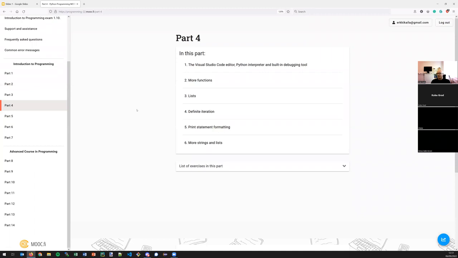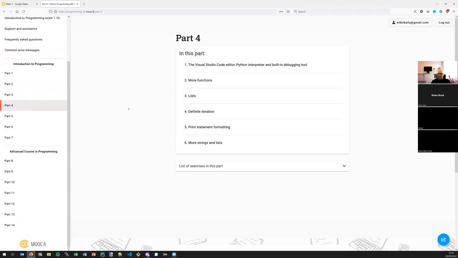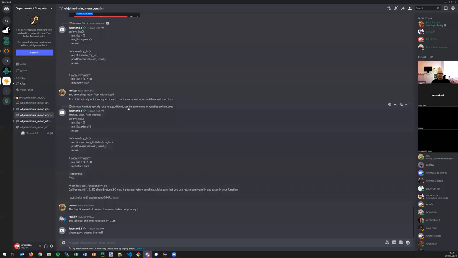I recommend that if you don't have any previous experience, then 1 part per week is probably the way to go, but there's nothing stopping you from doing this more quickly, or from using some extra time to complete them. Just make sure that you complete all you need to before the end of the year. So this whole course closes, I think, on January 2nd or something like that.